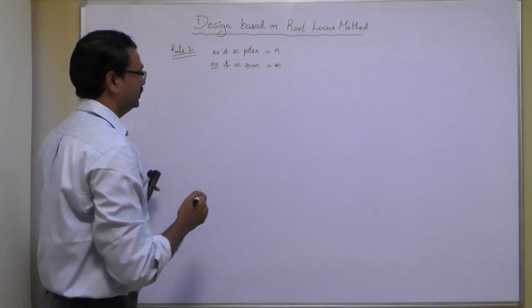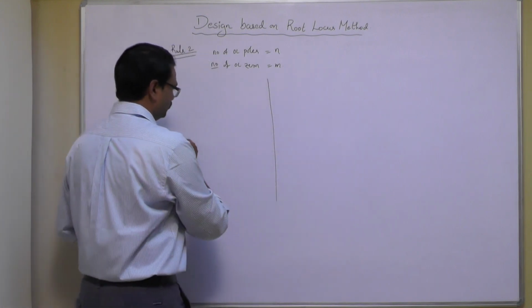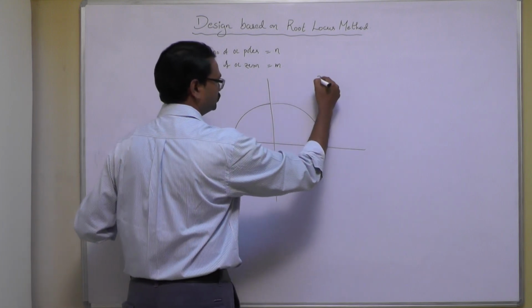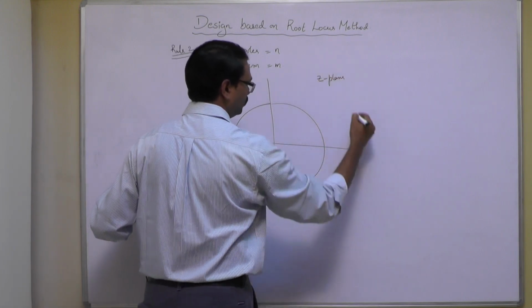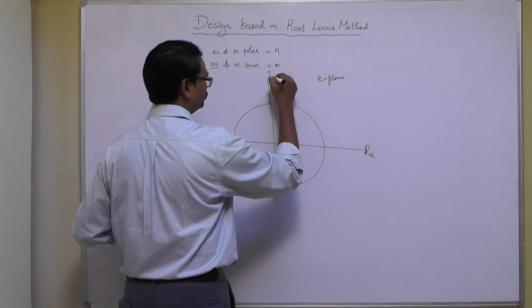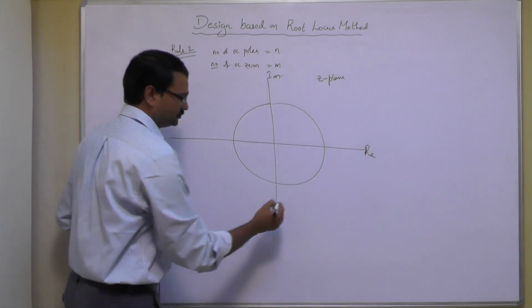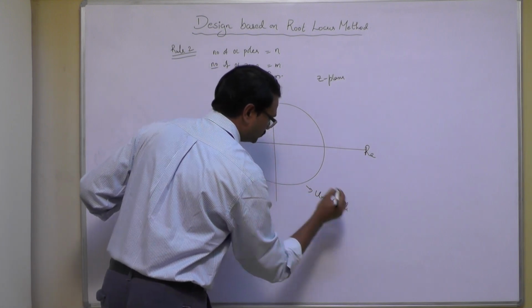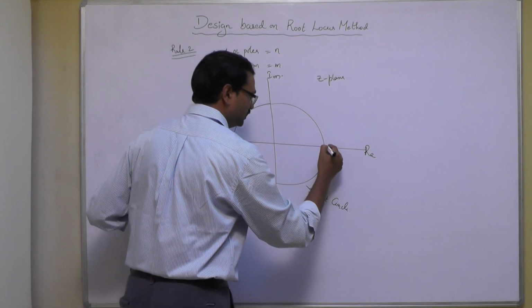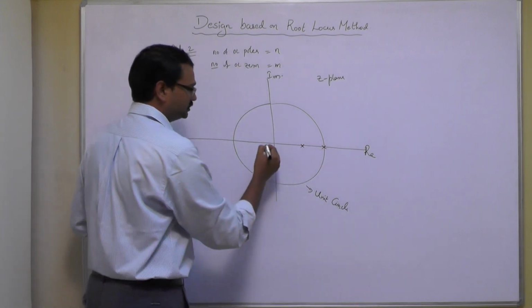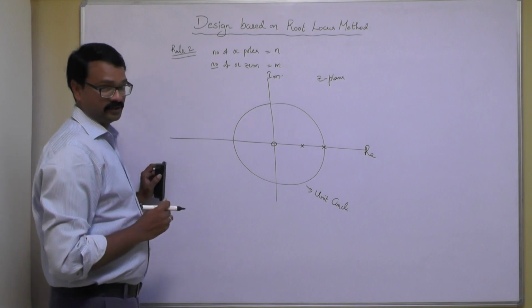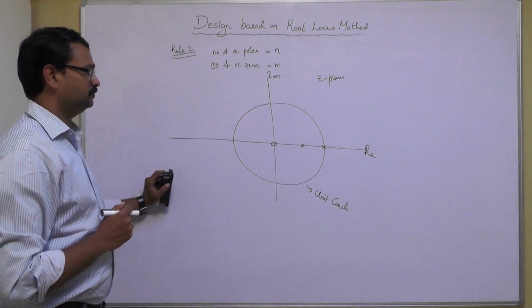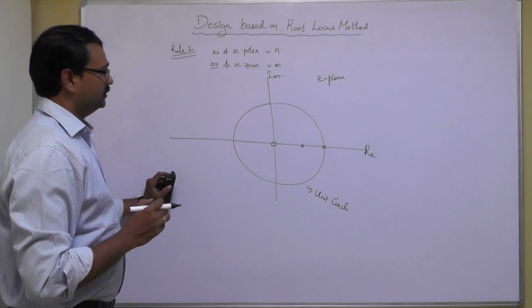And once these are obtained, you have the z plane, the real part of f of z and the imaginary part of f of z, and you have the unit circle here. Let us say we are having two poles here and a zero here. For example, we are having two open loop poles and one open loop zero.